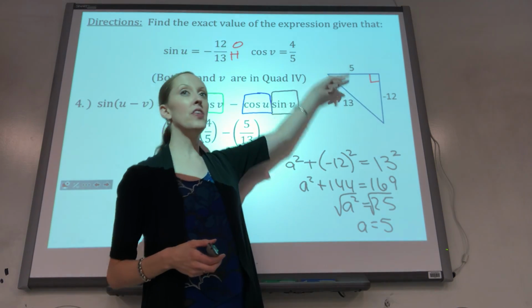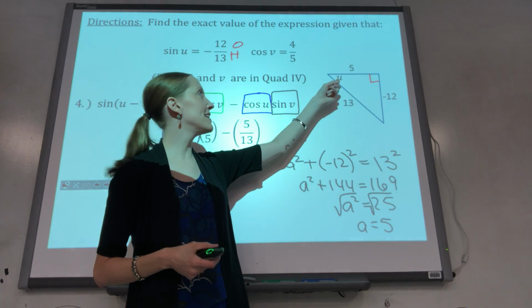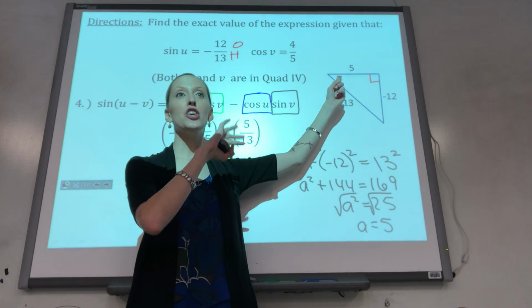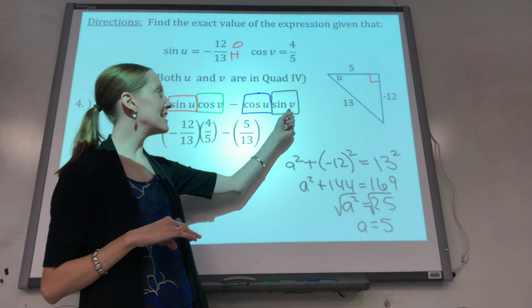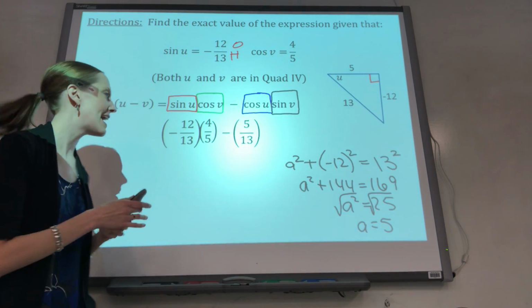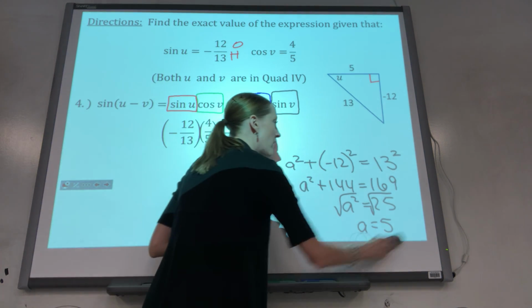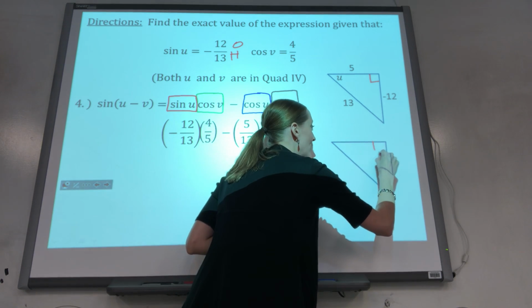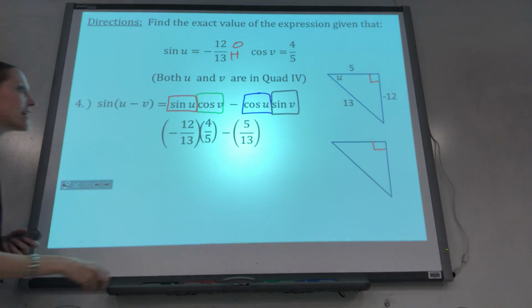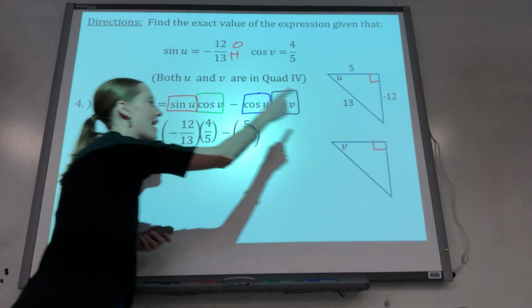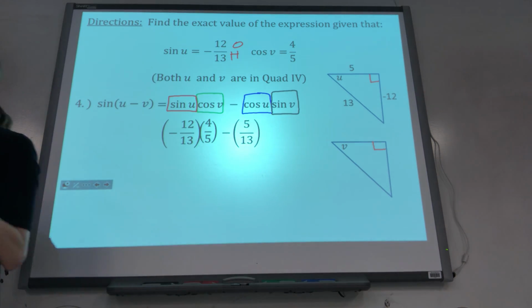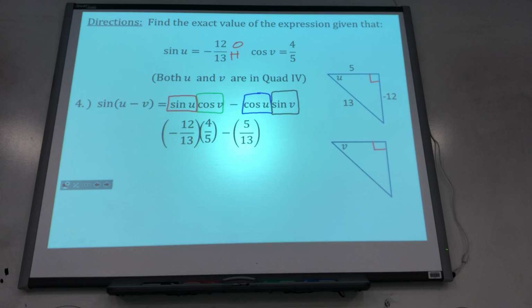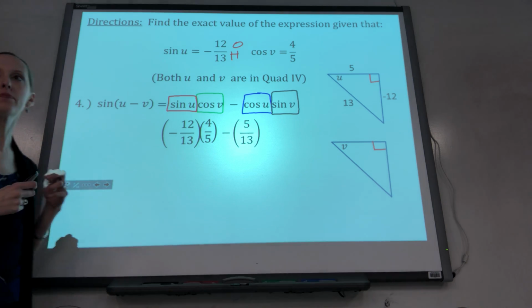Don't use this triangle though, because this was for u. We are needing v with this last part. So even though you're not going to want to draw another right triangle, we technically should, because u and v are two different angles in quadrant 4.